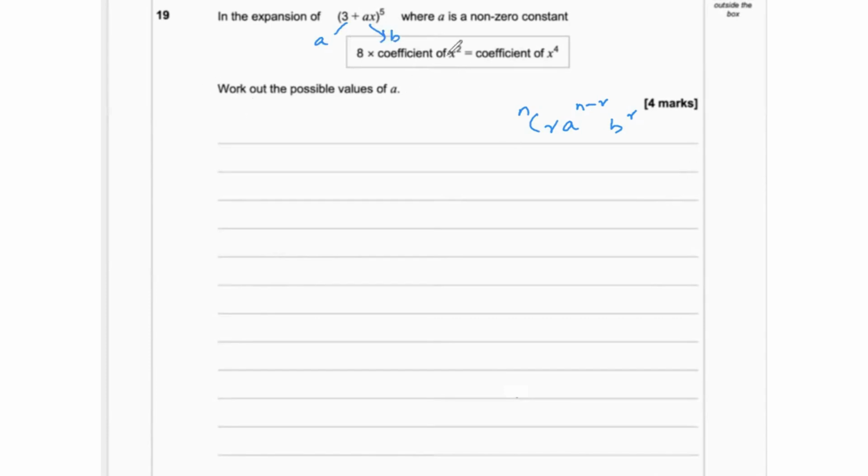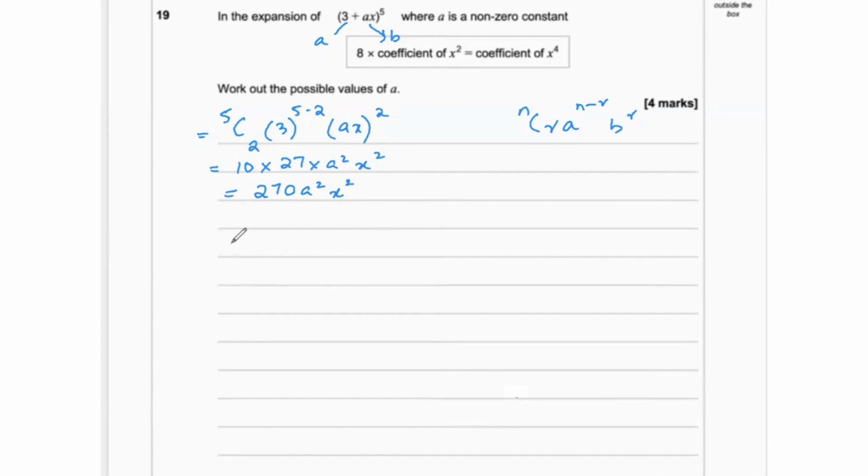So in our case, for the coefficient of x squared, it's going to be 5C2 times 3 to the power of 5 minus 2 times ax to the power of 2. 5C2 is 10. So 10 times 3 cubed is 27 times a squared x squared, which is 270a squared x squared. So 270a squared is your coefficient of x squared.